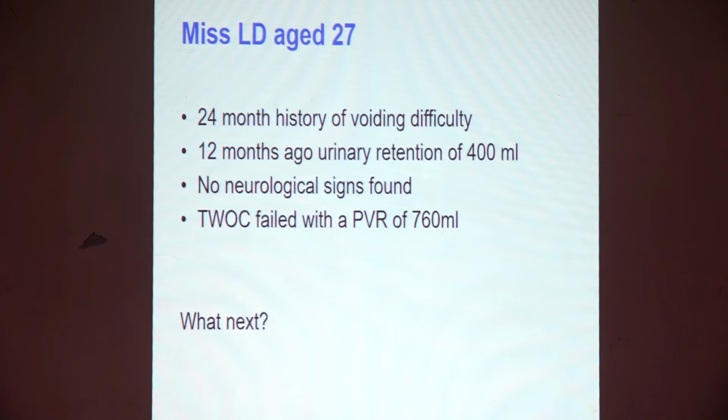So what comes next? Well, in fact, we established her on intermittent self-catheterization, and you can see these are the catheterization volumes. So she was catheterizing 5 times a day, nicely spread out, and you will see bladder sensation, no sensation, no sensation.